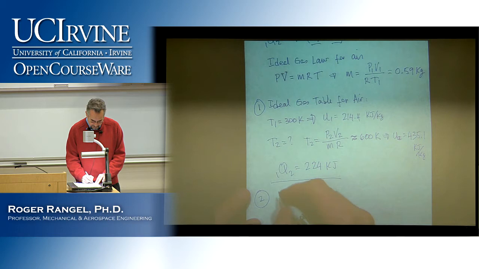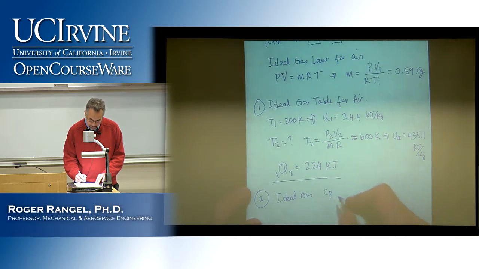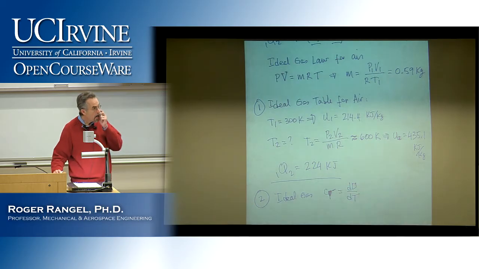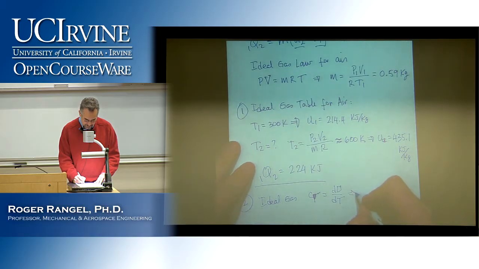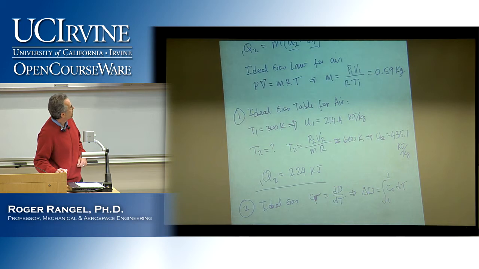Remember that again, for an ideal gas, Cp, well, actually we need Cv. Cv is du/dT. Right? And therefore, from there we got the expression that if we integrate this, delta U is the integral from 1 to 2 of Cv dT.